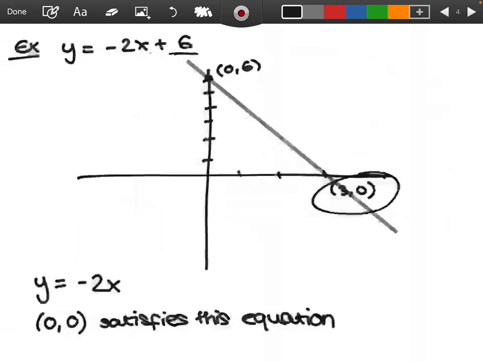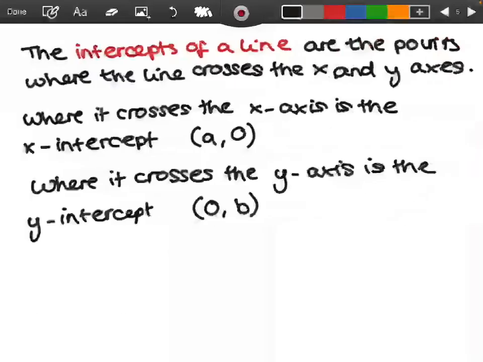Okay, (0, 6) was the y-intercept of this particular equation because it has a 0 x component as it lies on the y-axis, and it has 6 as its y-coordinate because it is 6 units up from the origin on the y-axis. So a y-intercept is always of the form (0, b) for some constant b.